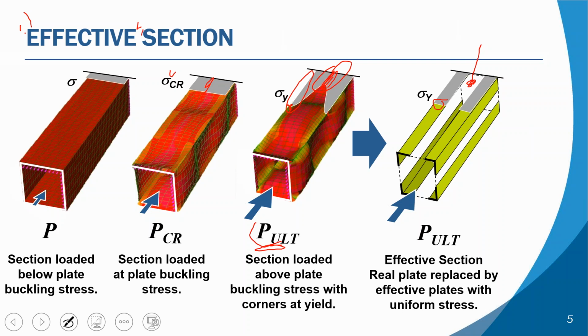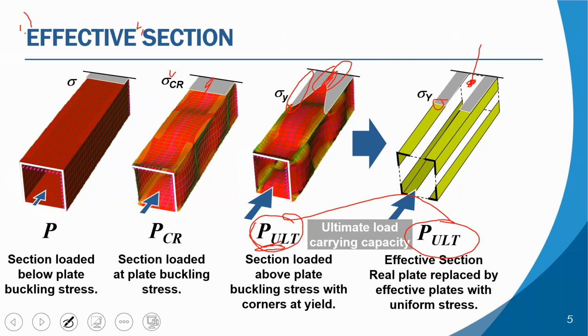So we're not just doing this arbitrarily. The theory's been well established, and there's also a lot of empirical data that has been used in order to establish that. Okay, so these 2 states of stress give us the same answer for this P ultimate, and this is the ultimate load carrying capacity of that beam, something that we're really interested in body design.